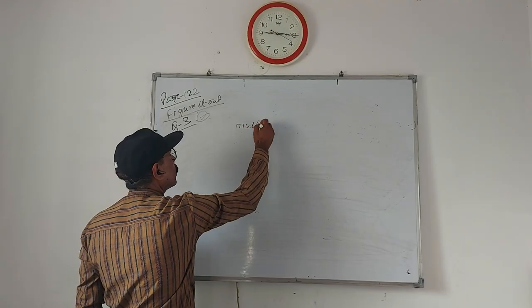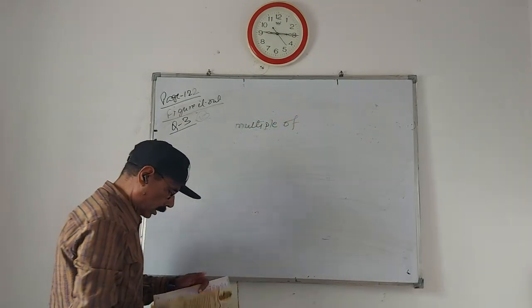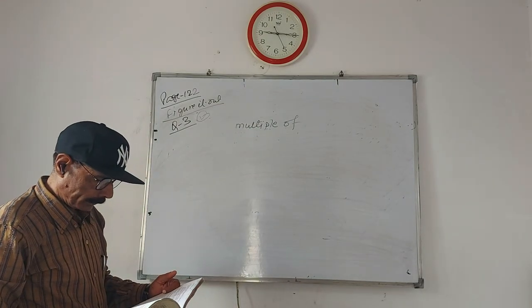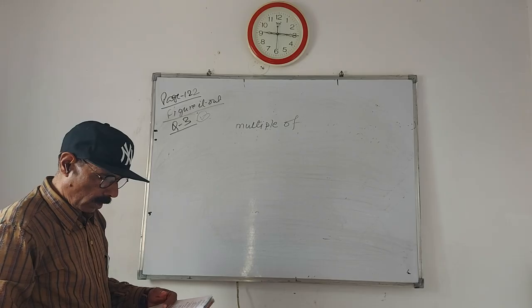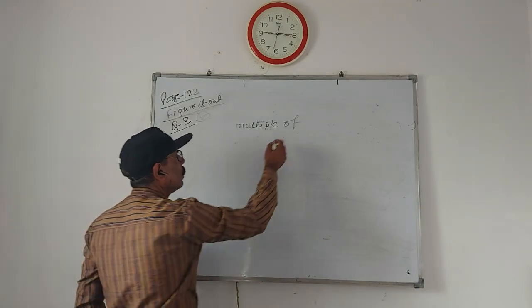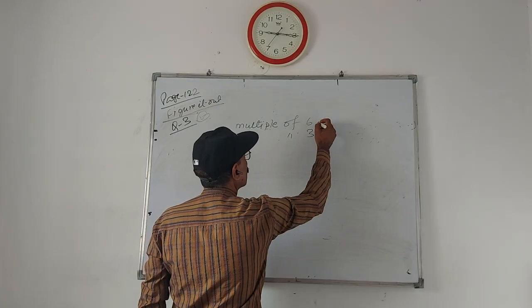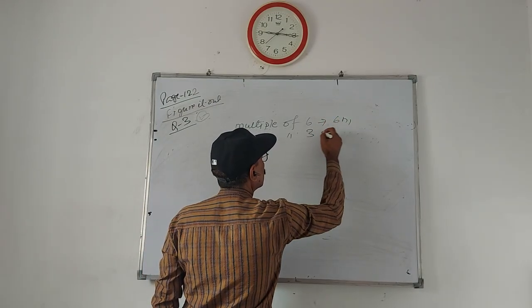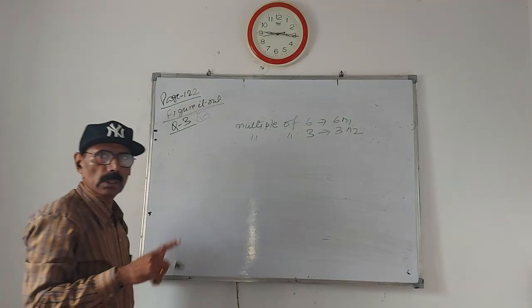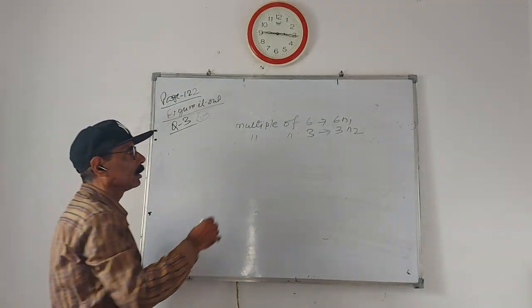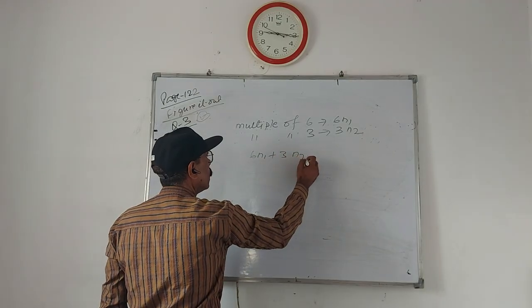A multiple of 6 and a multiple of 3: 6 n1 and 3 n2. Make the sum of these numbers. So this will be 6 n1 plus 3 n2.